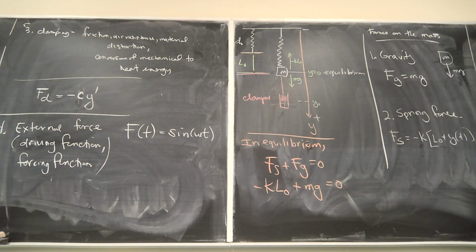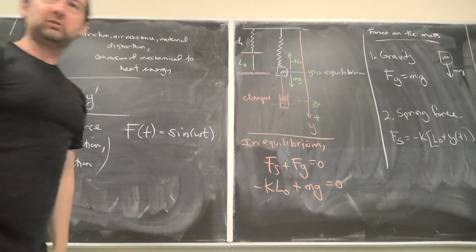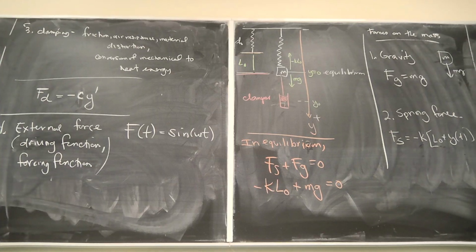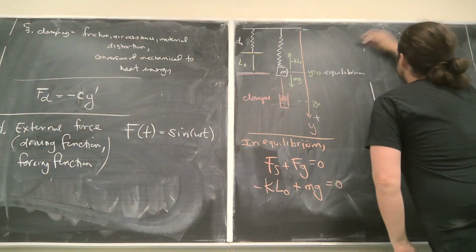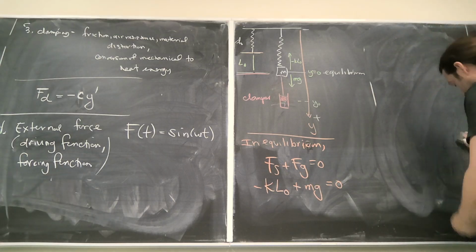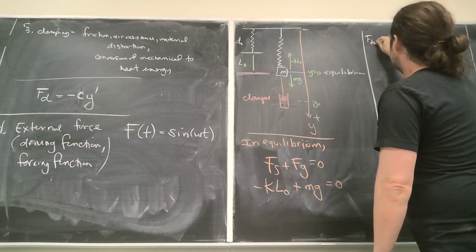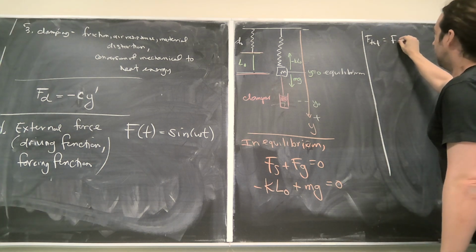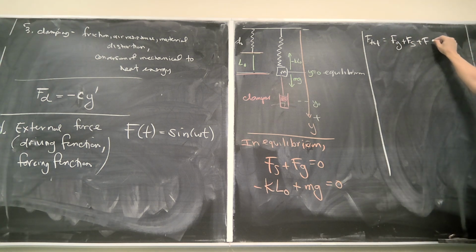Okay, so what Newton's law says is that if I have all these forces that this mass is being subject to, the total force is just adding them all together. Let's just do that. So total force, F tot, is equal to the force of gravity and the force the spring is exerting and the damping force and the external driving force.